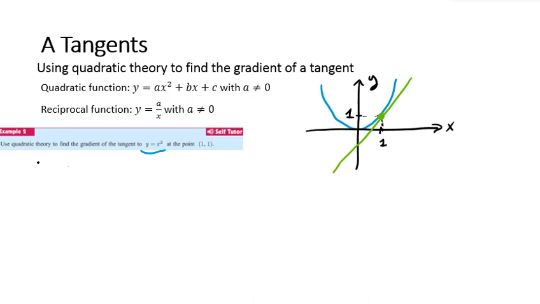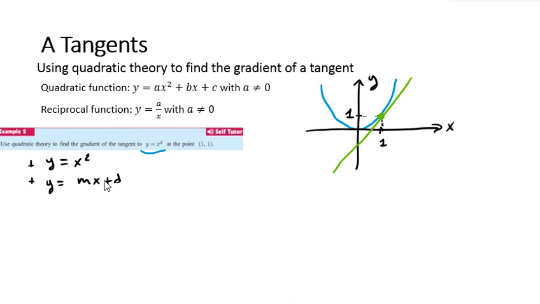So the parabola, or the quadratic function, is y equals x squared. And we also have a straight line. Let's say that the straight line is y equals mx plus d. So here we have the parabola and here we have the straight line. We have to find this common point, or where those two functions actually meet.